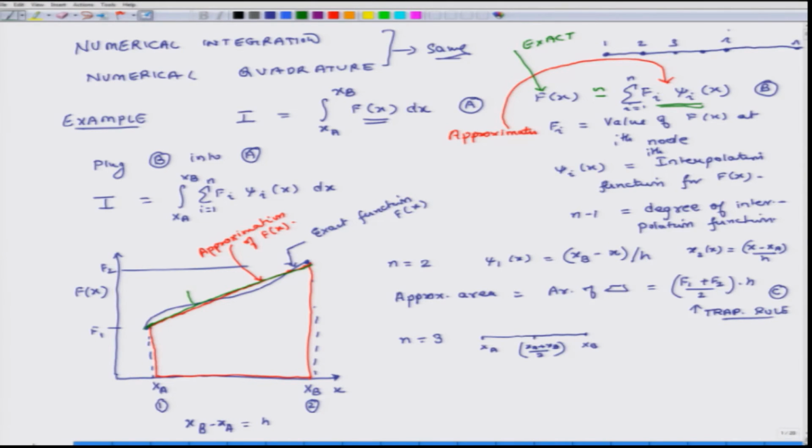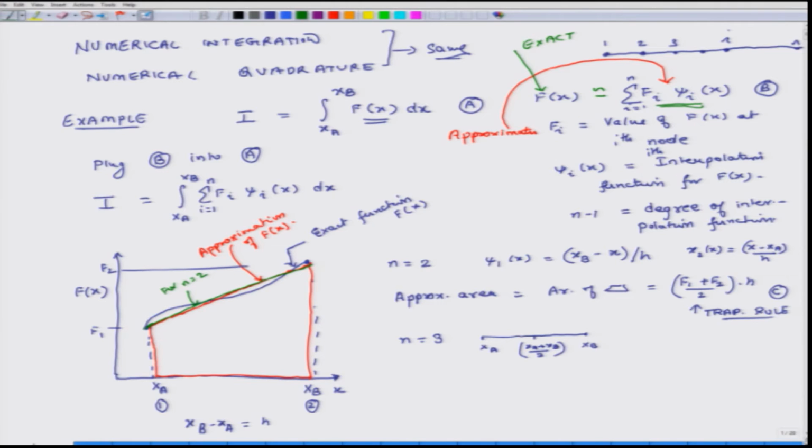So, this green curve is for n is equal to 3, and it looks very close to a straight line, but let us say that it has some curvature.